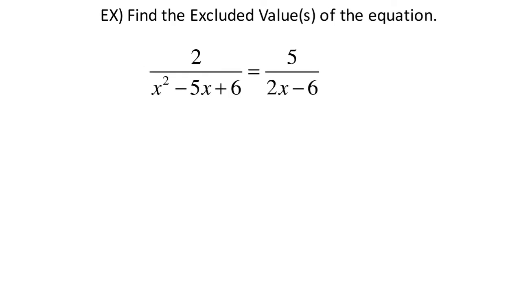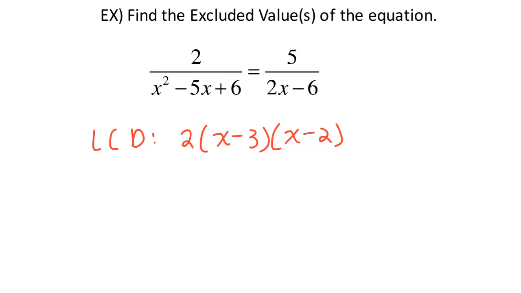What did we get for the LCD? If you look back at the front page, we had a 2 in the front, and then I think it was x minus 3, x minus 2. Thank you. So I already did this one, the LCD.